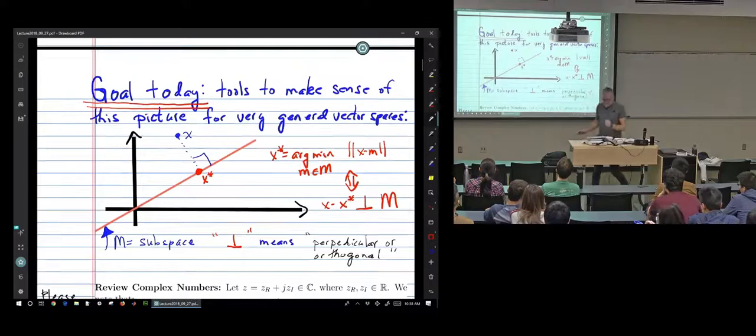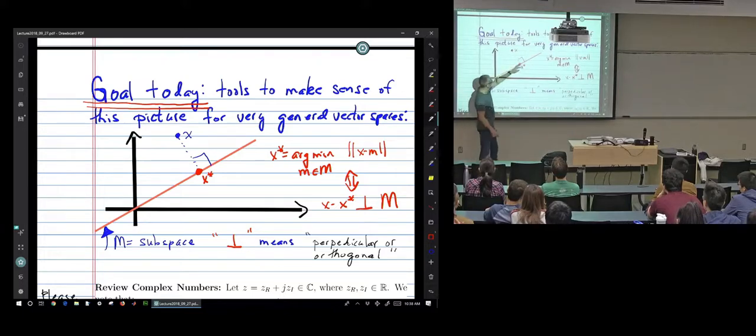We drew this picture that was intuitive to us when we're working in the plane. So if the set of approximating elements is a subspace, a line in R2, and I put a point here, and I ask you, what is the minimizing element and does it exist?